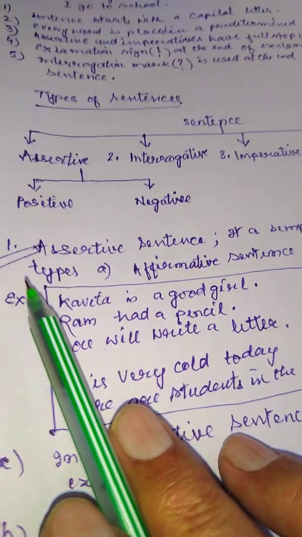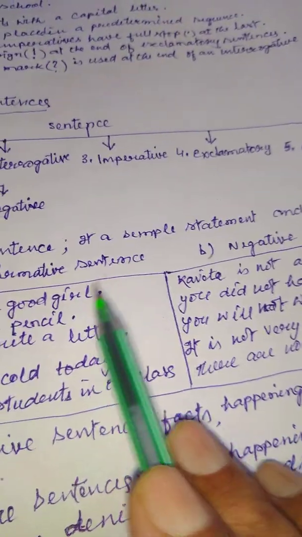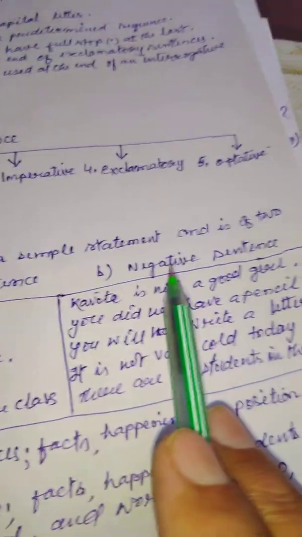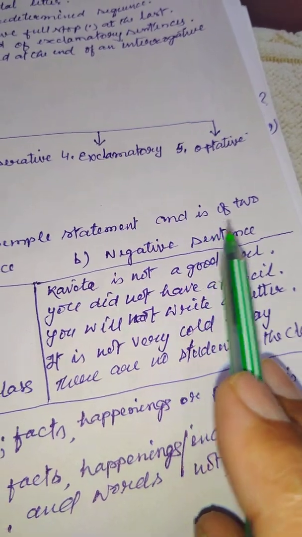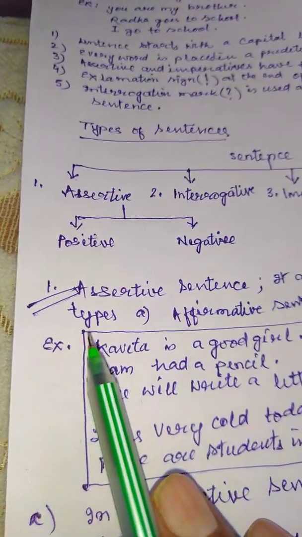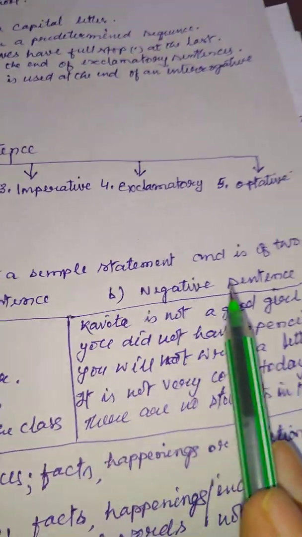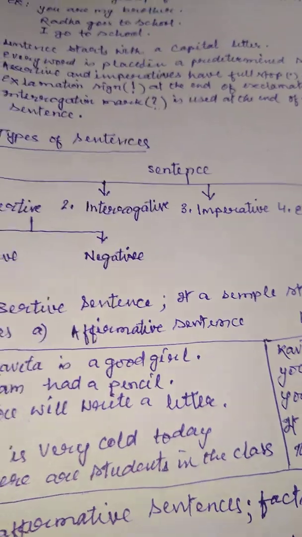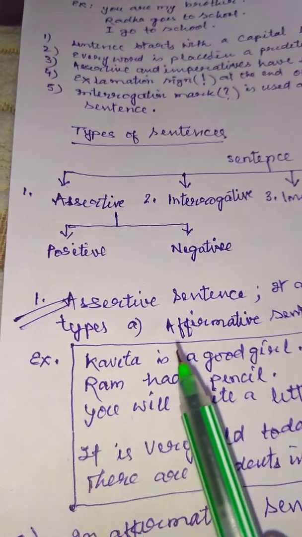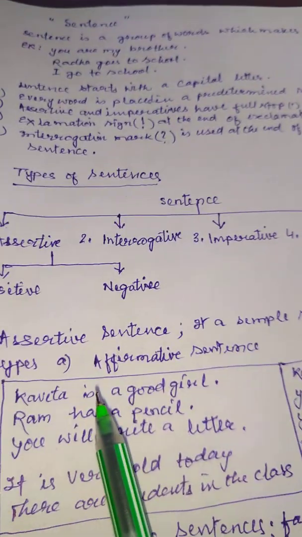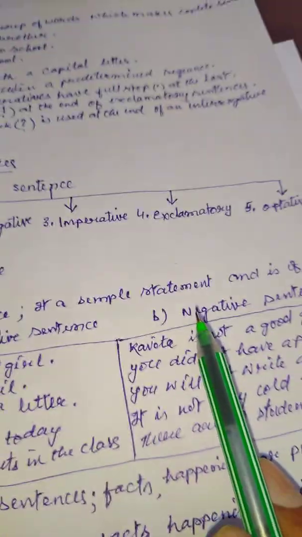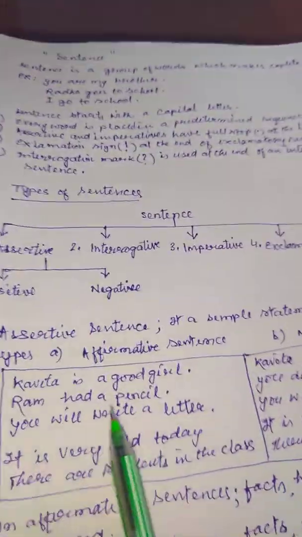The first one is the assertive sentence. An assertive sentence is a simple statement and is of 2 types. Number 1, affirmative sentences, and number 2, negative sentences. Now we have a tabular form here for learning all these affirmative and negative sentences side by side.